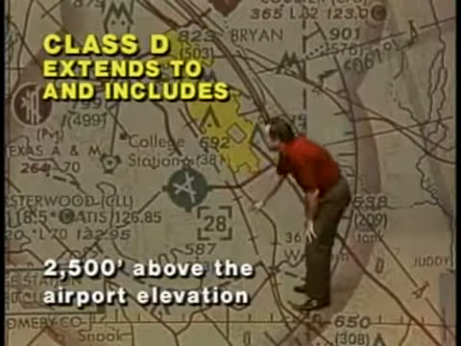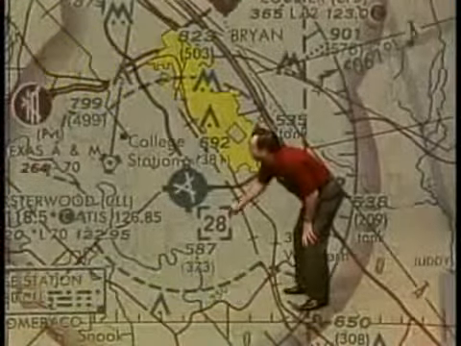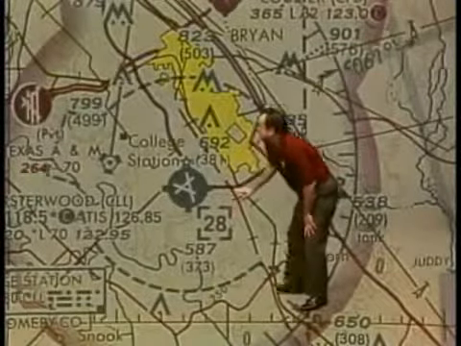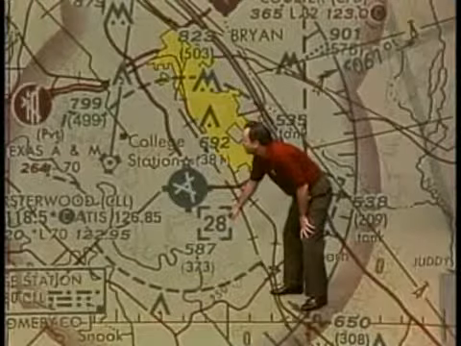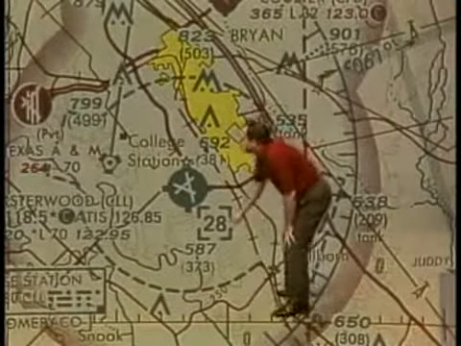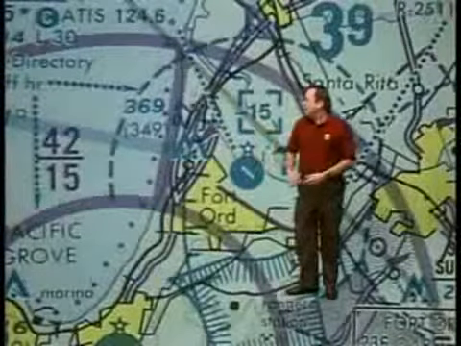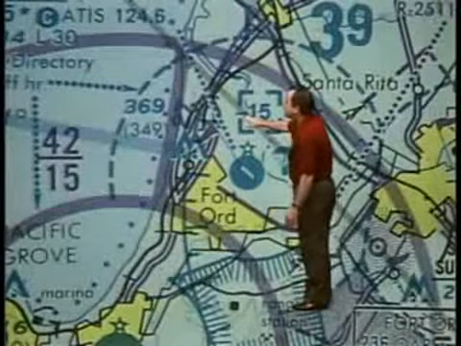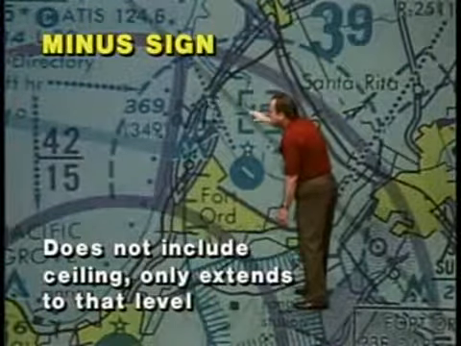To find out exactly what the top of Class D airspace is, you look at the number inside this square here, and the top of the airspace here, or Class D airspace, is 2,800 feet MSL. By the way, they'll round it off. If you see a minus sign here, the minus sign, as in this case, tells you that the Class D airspace goes up to, but not including, the elevation shown here.